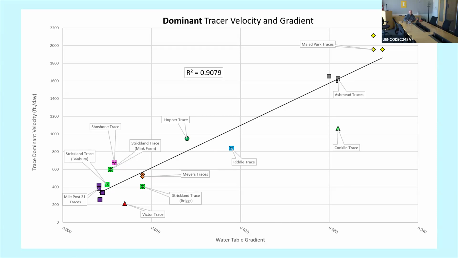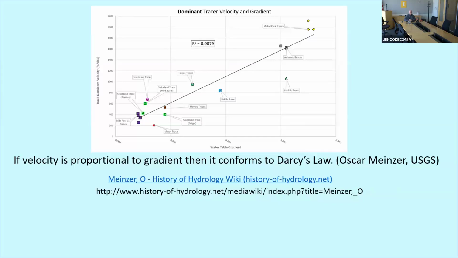So if you accept that those relationships are valid, and that the velocity is proportional to gradient, then it conforms to Darcy's law according to Meinzer with the USGS, and that's the source of that information.